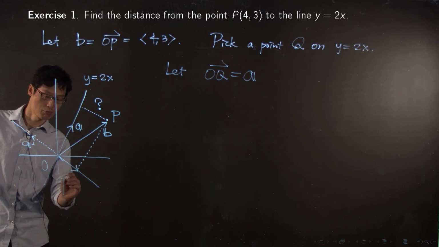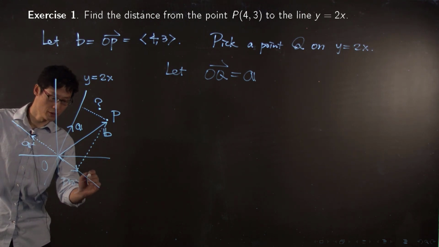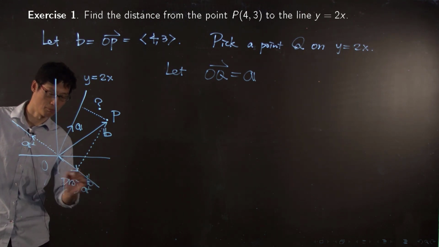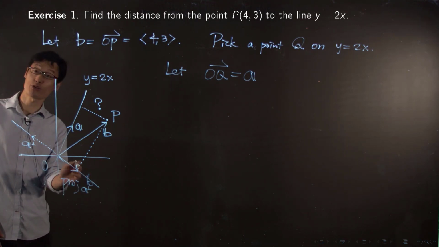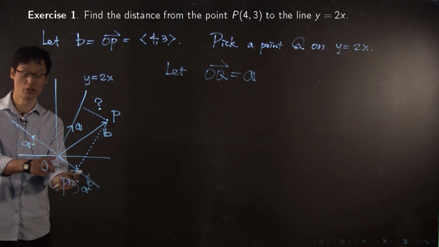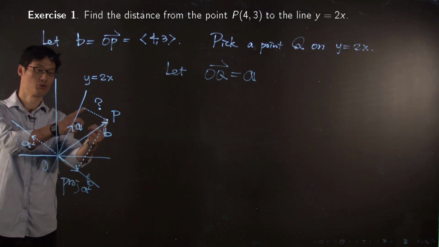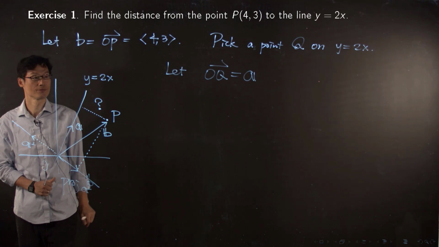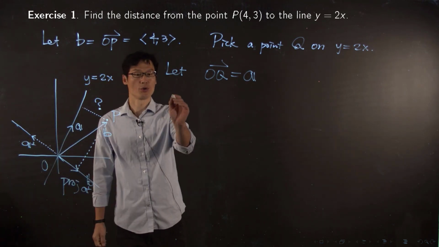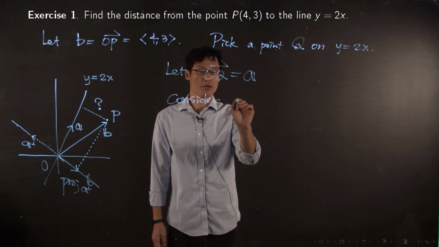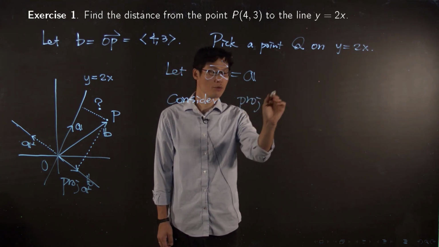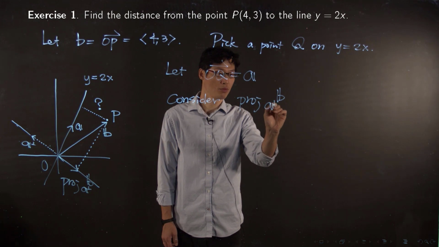This is the projection of B onto A perp. We are interested in this vector because once you figure out its magnitude, this will give you the distance. Okay, so consider the vector projection of B onto A perp.